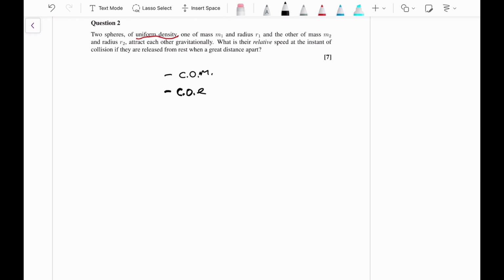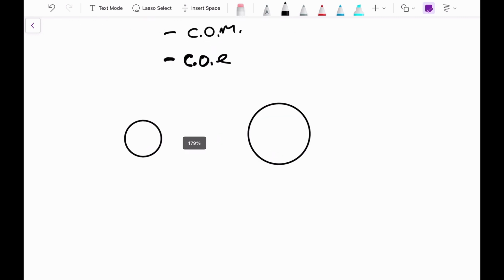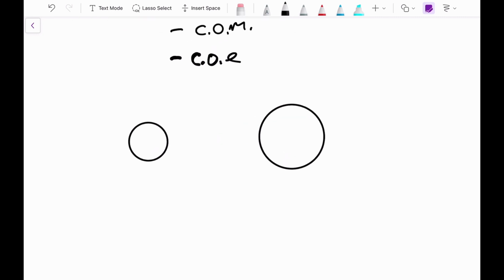And let's draw a diagram first. So this is the smaller mass, let's say M1, and this is M2. So first of all, what we know is that they will be attracted to each other.